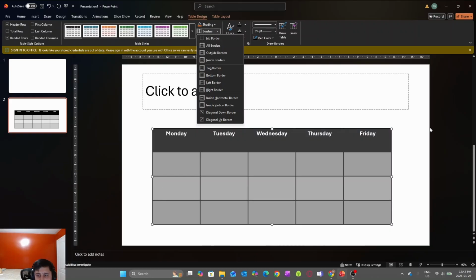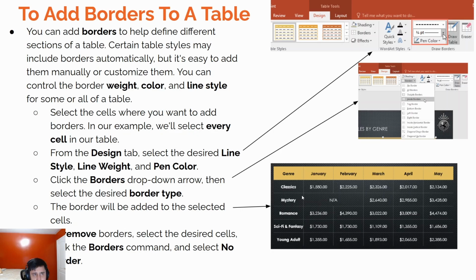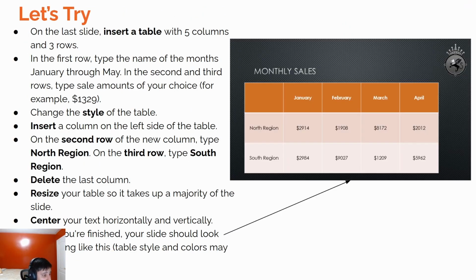Outside borders, only the outside of a table. Inside borders, only the inner parts have a border. Top border is at the top, bottom border is at the bottom, left border is on the left, and then right. Then we have diagonal down, diagonal up borders, and horizontal and vertical borders, depending on what your needs are. Now let's move on to our let's try section.